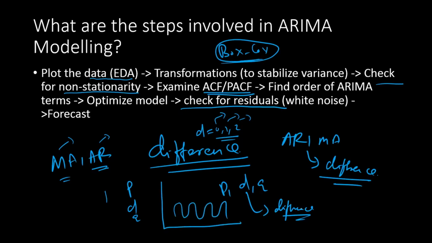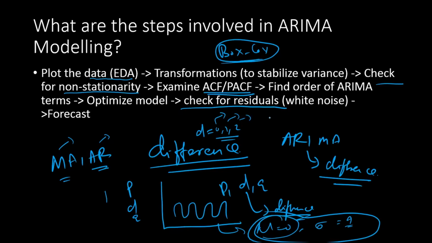That means the mean should be 0, the standard deviation should be constant, and there should be 0 autocorrelation.